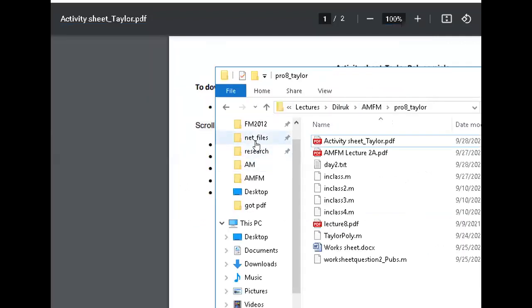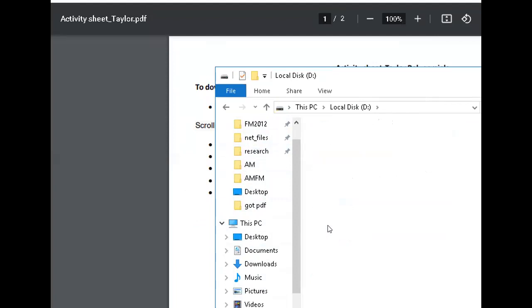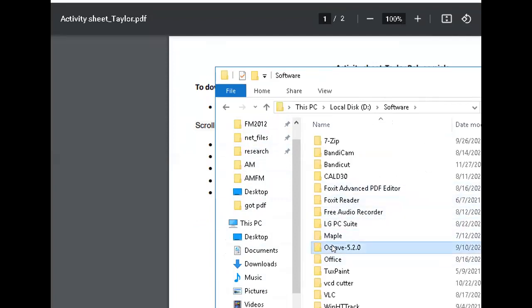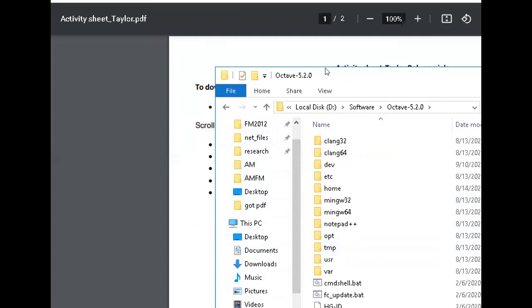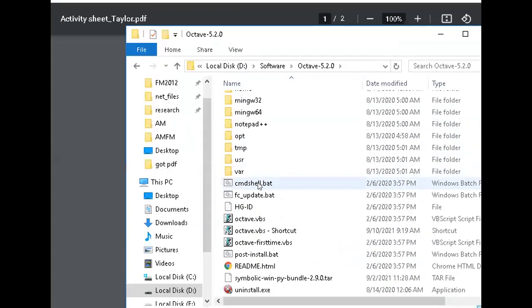Let's look at Octave. This is my one. I copied that download file to this Octave folder. So my one is in the Octave folder, right?